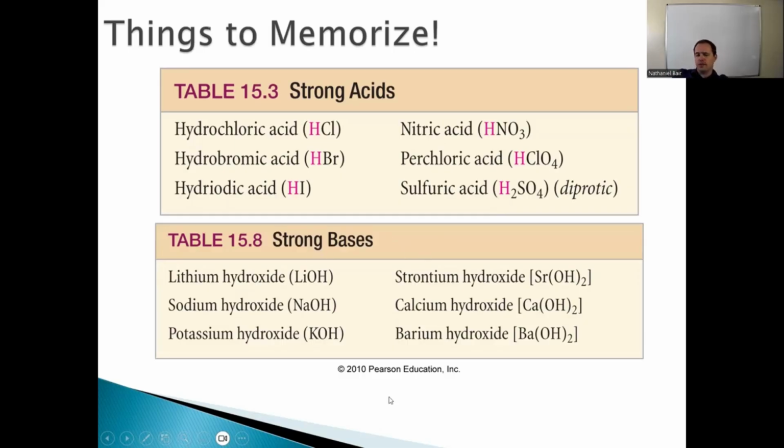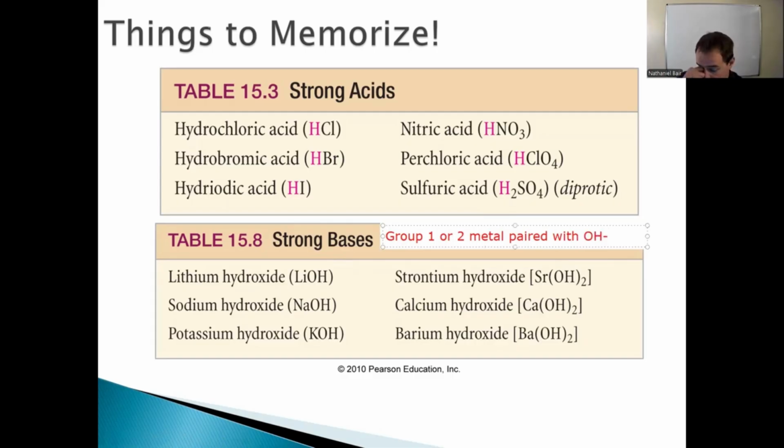But strong bases are any alkali or alkaline earth metal paired with hydroxide. So any group 1 or group 2 metal paired with hydroxide.